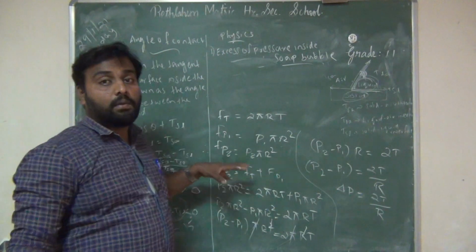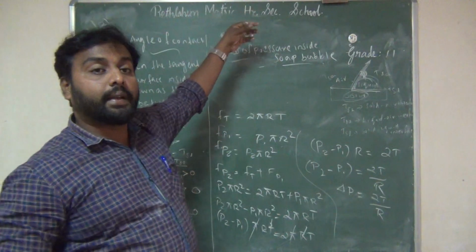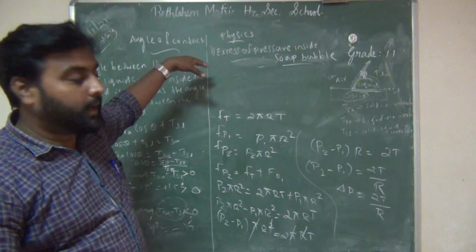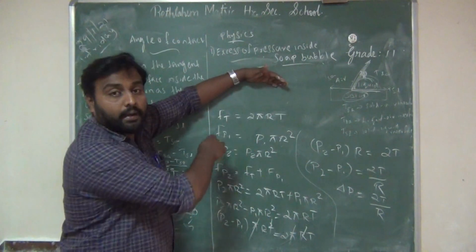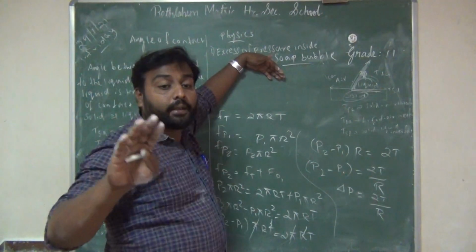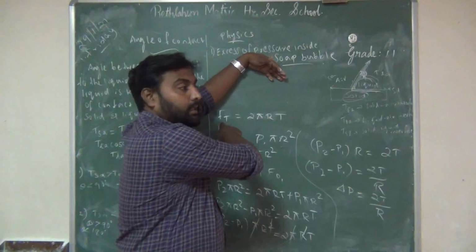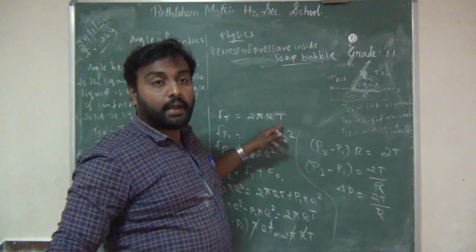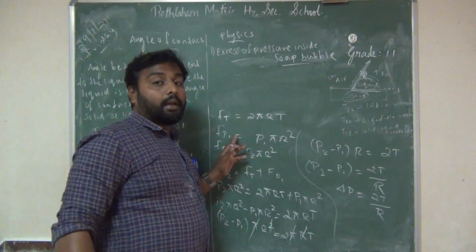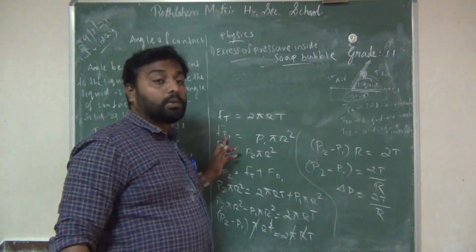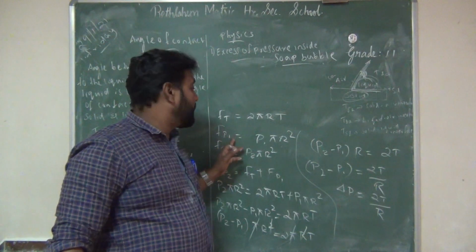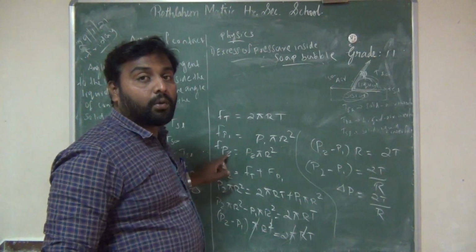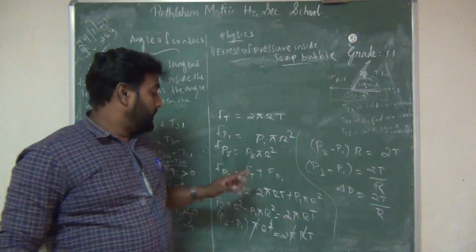Here also, first we found the excess pressure inside an air bubble in a liquid. For that we took the forces acting on that liquid. First, the force tangent to that rim, 2 pi r T. Then the outside pressure force, P1 into pi r square, and the inside pressure force, P2 pi r square.